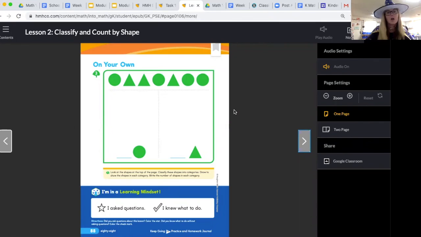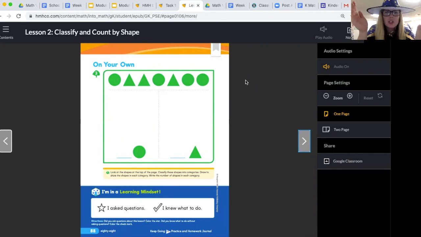Are you ready for on your own? On your own. I know you are. Look at the shapes at the top of the page. Classify these shapes. What does classify mean again? Classify these shapes into categories.